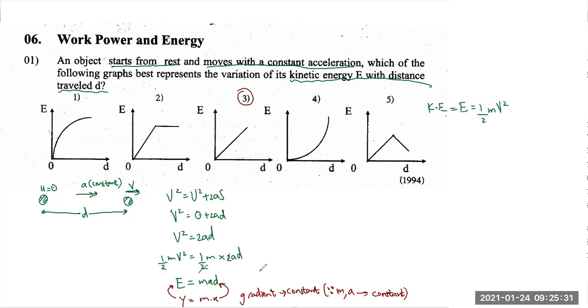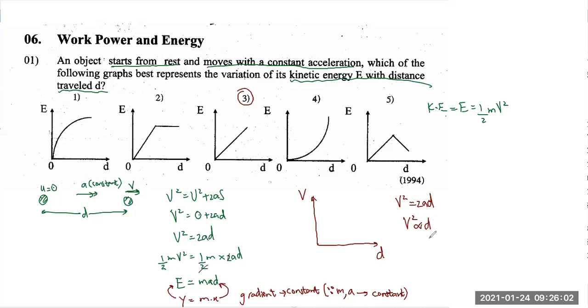Now, in case they had approached this question in another way, if they had asked you to plot the graph for velocity and distance, what would the graph be? The equation we have arrived at is v squared equals 2ad. From this equation, you can say v squared is proportional to d.